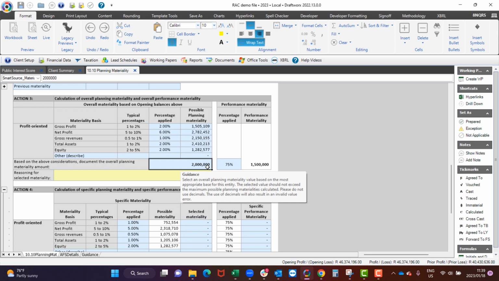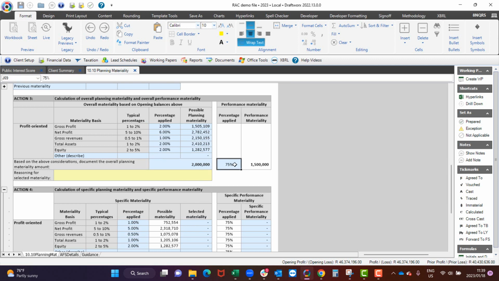Okay, so I'm going to keep it as 2 million. That's, in my professional judgment, a materiality figure that will be able to be used throughout the file. It takes into account my risk consideration of the entity as a whole, and I feel that that figure will assist me in identifying material misstatements.